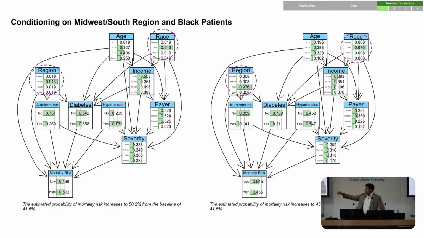change. So the estimated probability, if we condition on African-American patients, and then patients in, I believe it's the Midwest on the left-hand side, then your probability increases to 50.2% from 41.6%, the baseline. And if you condition on African-American patients in the South, then the probability increases to 45.5%, so a 4.1% increase.